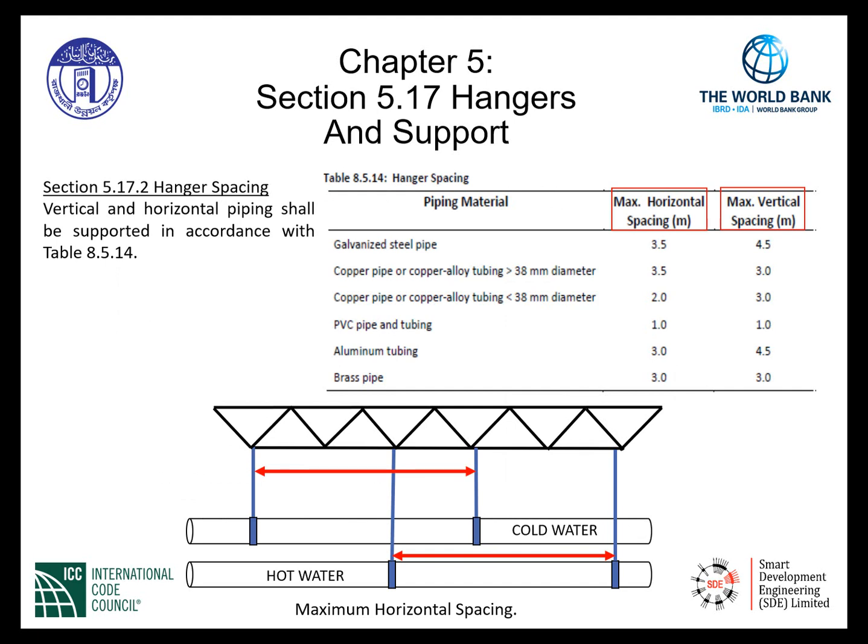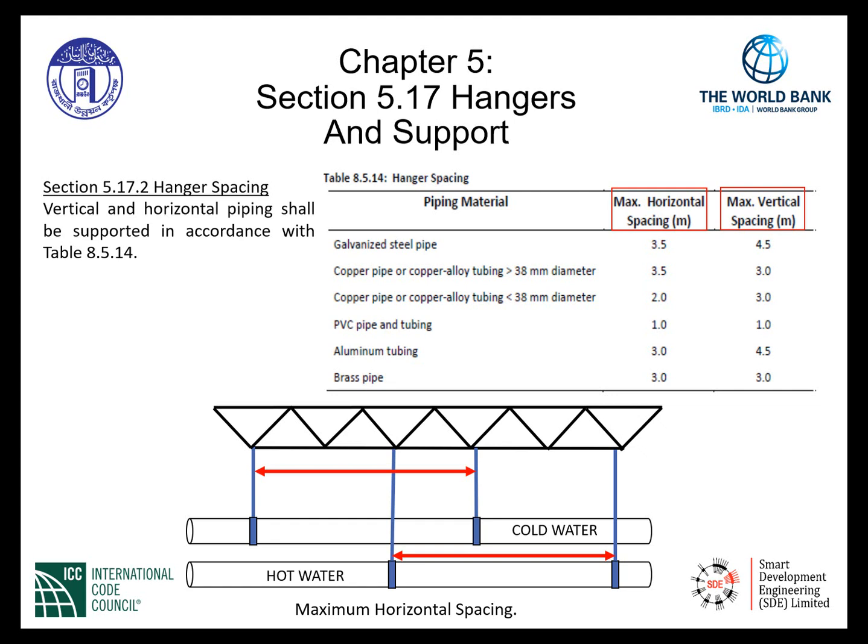Section 5.17.2 provides us with a hanger spacing requirement. Vertical and horizontal piping shall be supported in accordance with Table 8.5.14.